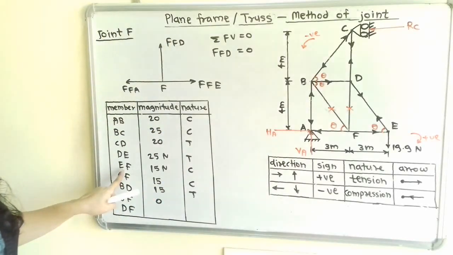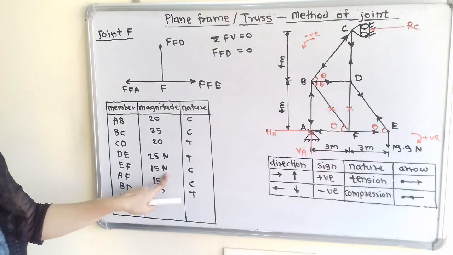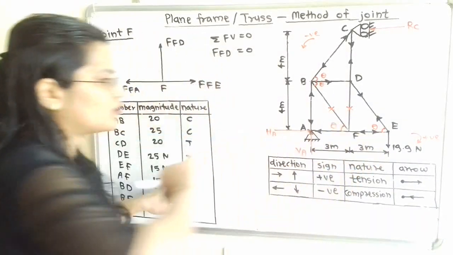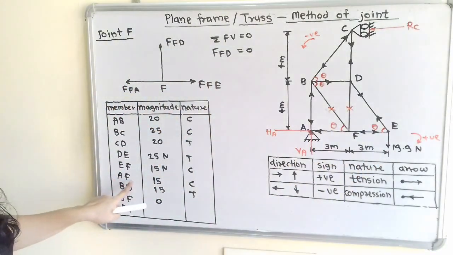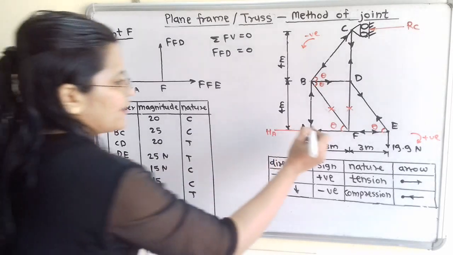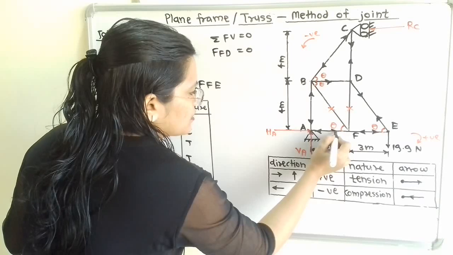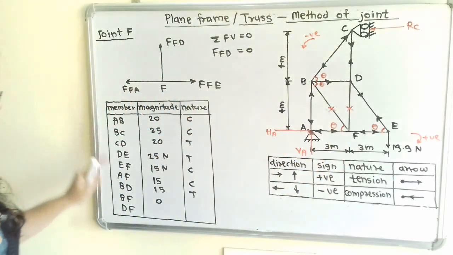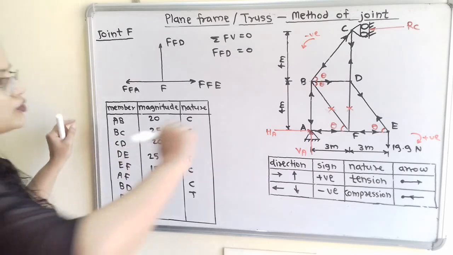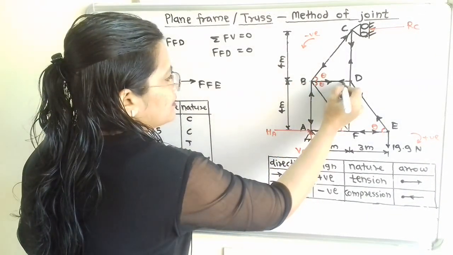Then EF, it is 15 Newton and compression nature, so for compression we have to show arrow towards E. Then for AF, compression nature 15 Newton, so for compression nature we have to show arrow. Then BD, nature is tension, so we have to show arrow away from the joint D.